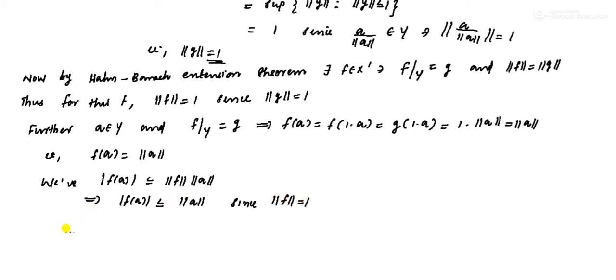Therefore, norm a greater than or equal to the supremum of the set of all mod f of a such that norm f less than or equal to 1. This is equation 1.